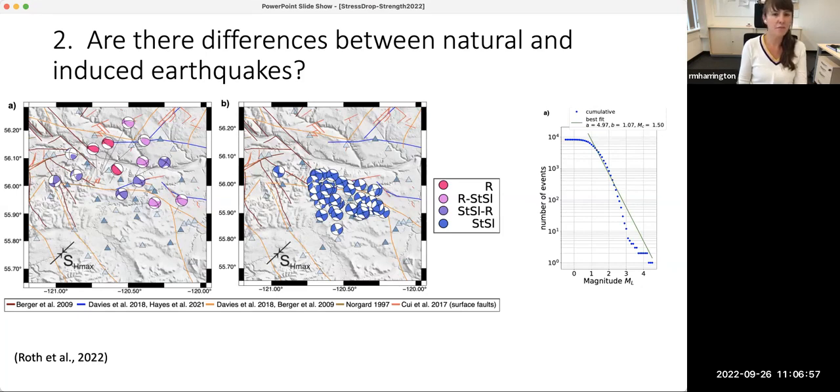So then we started asking, okay, are the source properties of these earthquakes different? What's different about them? What's similar to natural tectonic events? So for the larger events, we performed estimates of fault plane solutions. And we saw that we generally have 2 kinds of populations of events which are consistent with what is known about the mapped faults in the area.